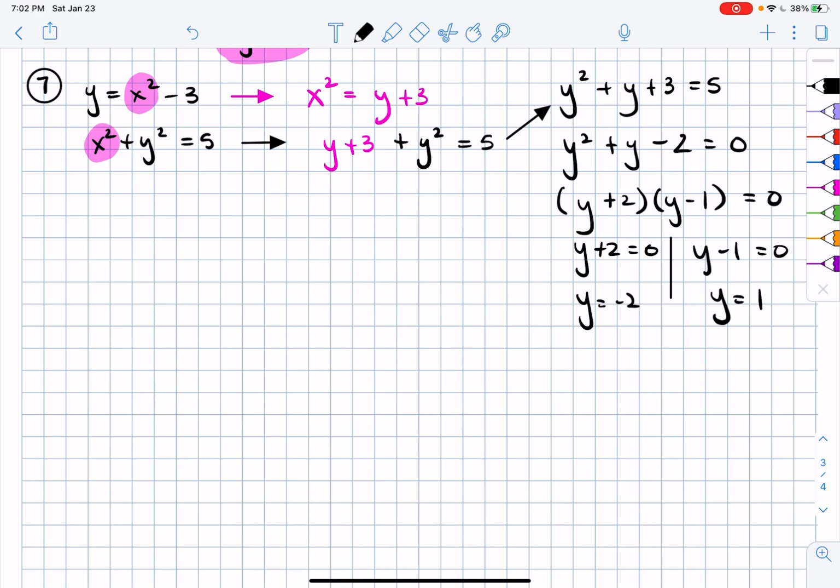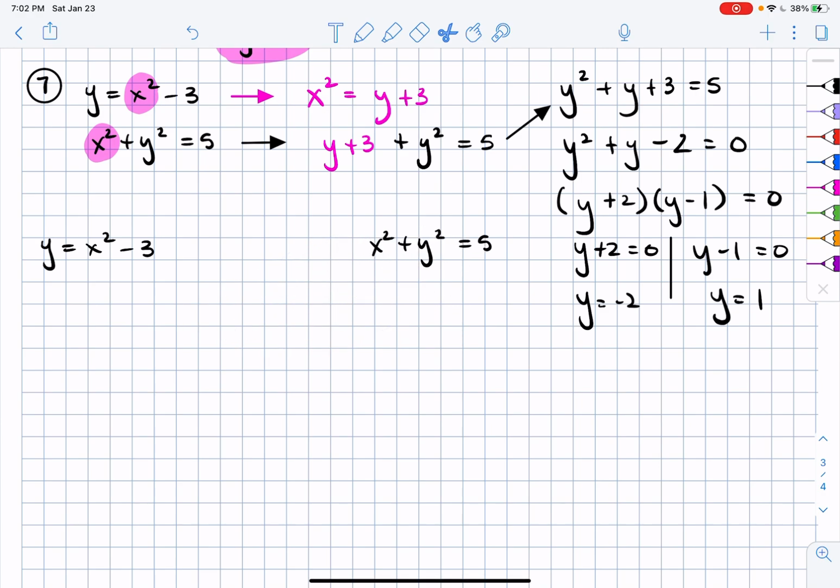My 2 equations are these 2 right here. Okay? So I'm going to copy this, paste this, and get rid of those highlights. There we go. And so I got this one on this side, and I got this one on this side.